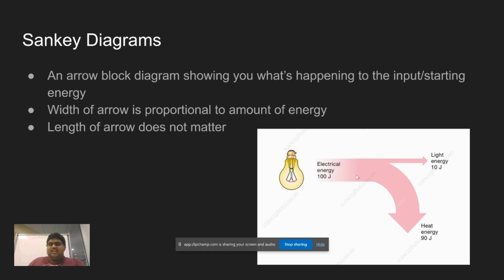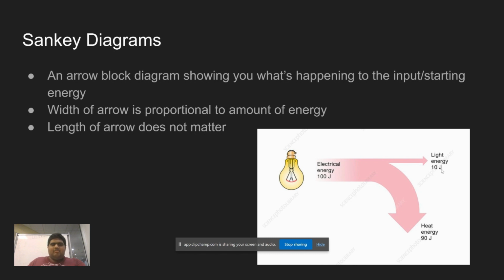Now, a light bulb produces heat, so 90 joules of it turns into heat energy. 90 joules is lost, and 10 joules, the light energy, is our useful energy. So from 100 joules, we only have 10 joules of light energy, which means its efficiency is only 10%.